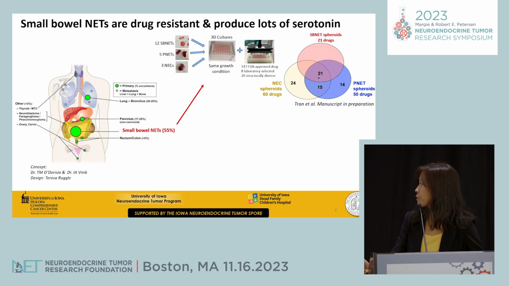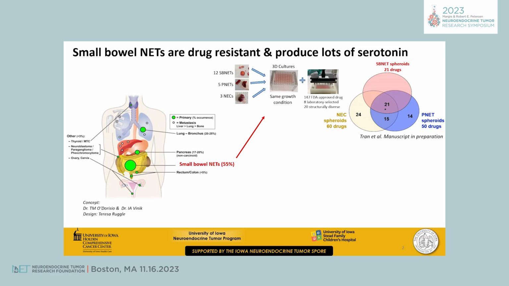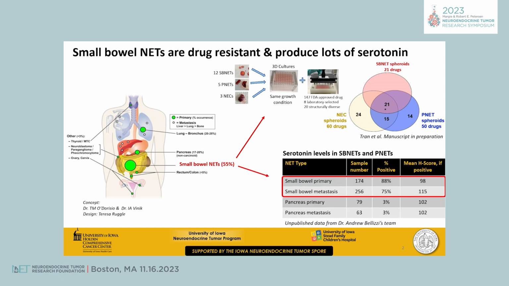One feature, of course, of small bowel neuroendocrine tumor is that they express and produce a lot of serotonin, and this was quantified by our pathologist, Dr. Bellisi. As you can see, up to 80-90% of these small bowel neuroendocrine tumors actually stain positive for serotonin.